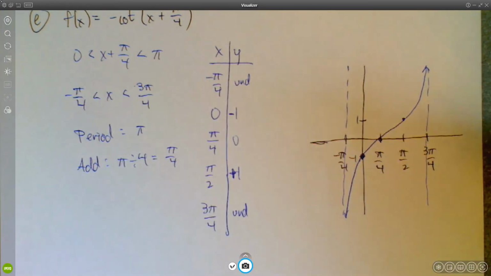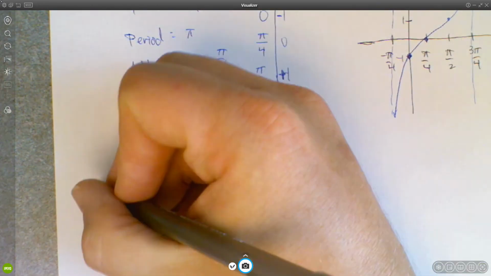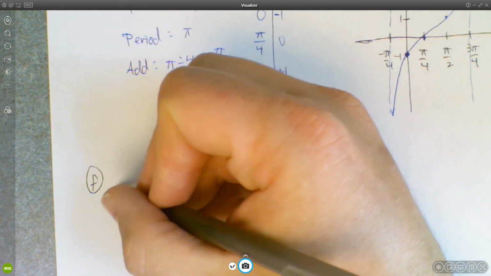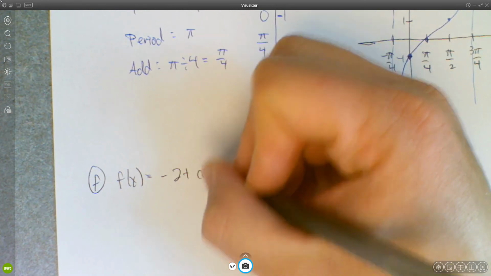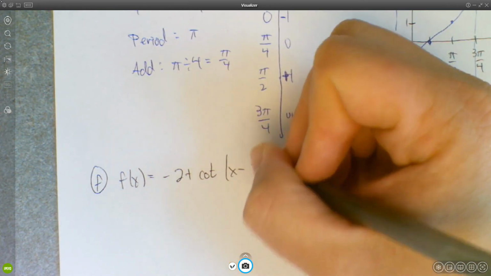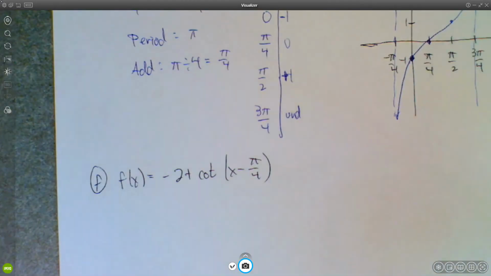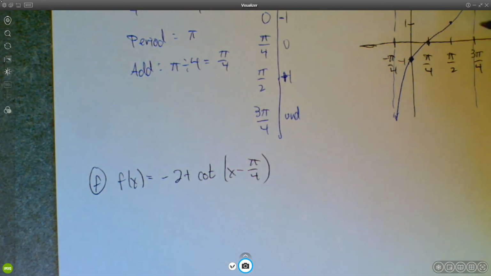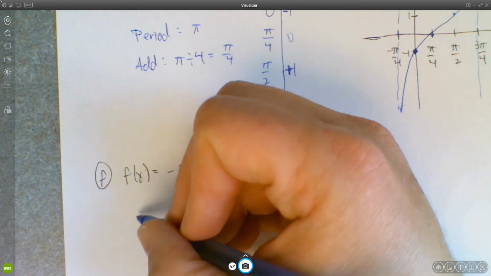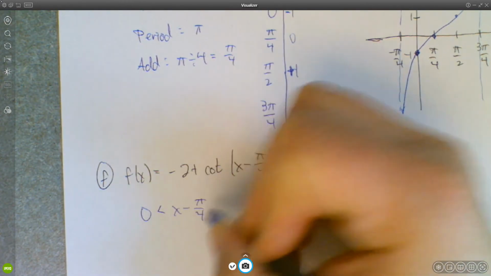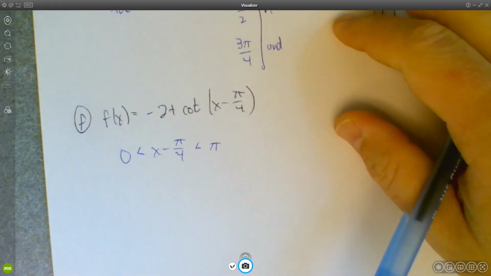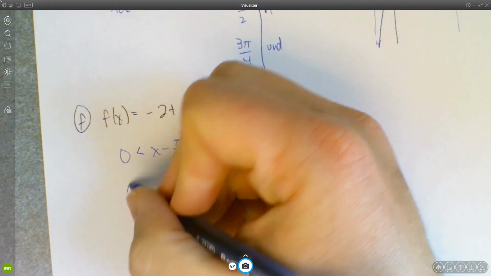Okay, so one more, last one. Let's do f of x equals negative 2 plus cotangent of x minus pi over 4. Alright, so we're going to say x minus pi over 4 is between 0 and pi, and then solve for x.